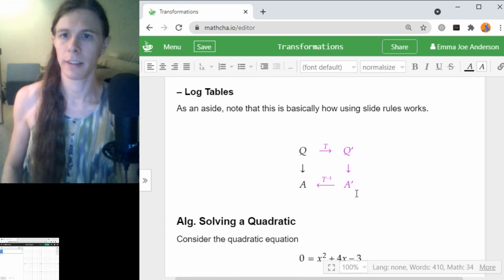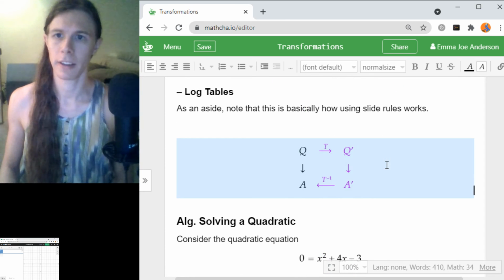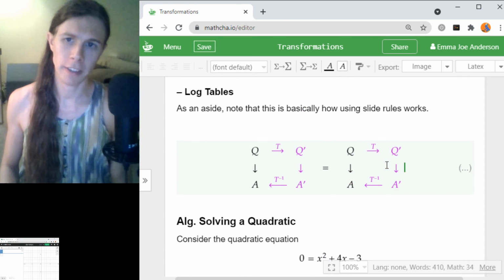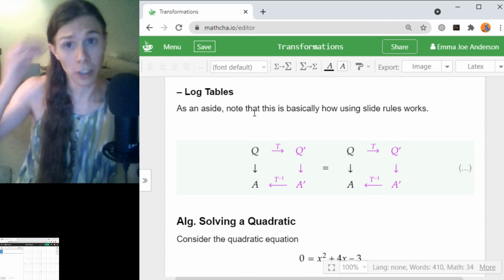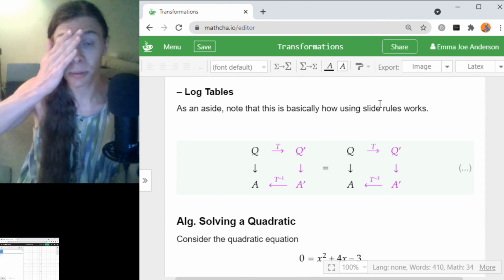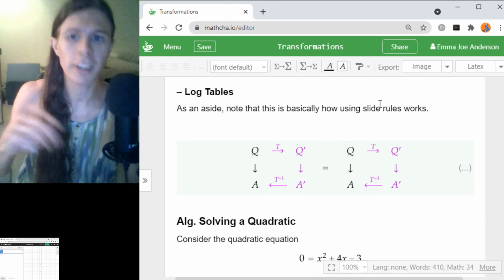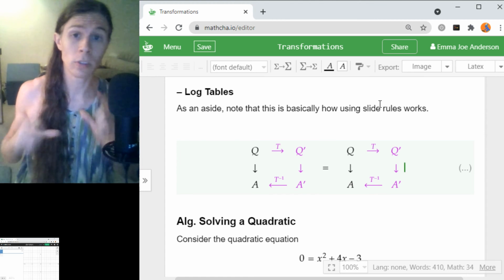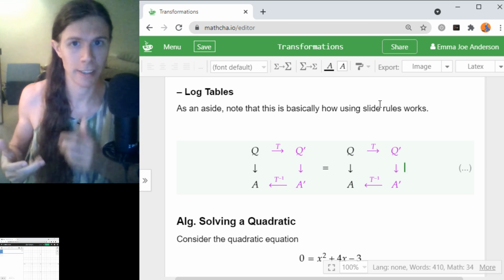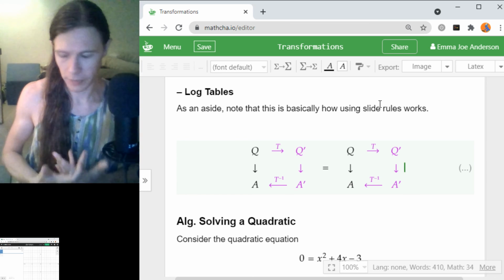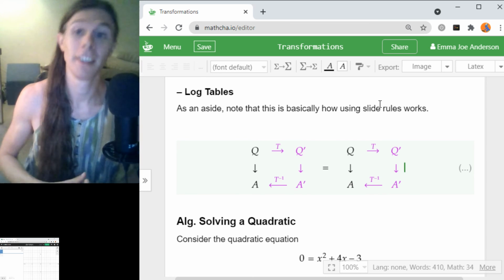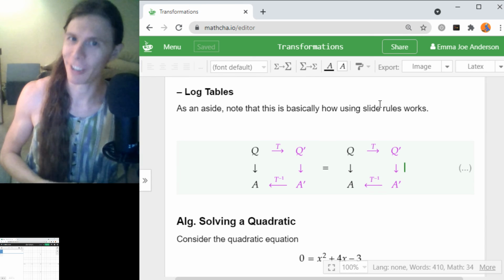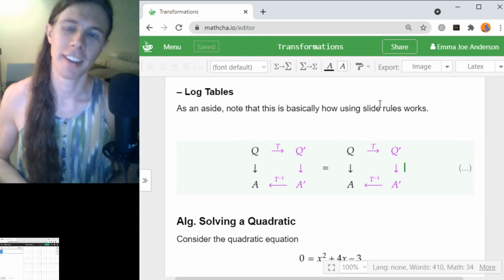Okay, and then as an aside, next time I'll mention how log tables, or using a slide rule as a log table, is a way of calculating difficult multiplications by hand very precisely, using addition instead of multiplication.